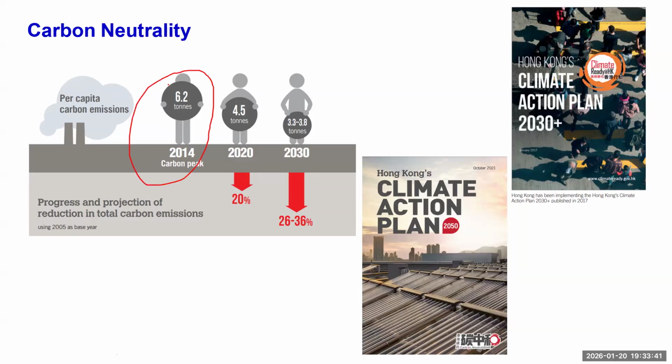We reached the carbon peak in 2014, and we try to reduce the carbon emissions. And sure, we also develop other strategies, to trade carbon, different strategies to achieve carbon neutrality in 2050.